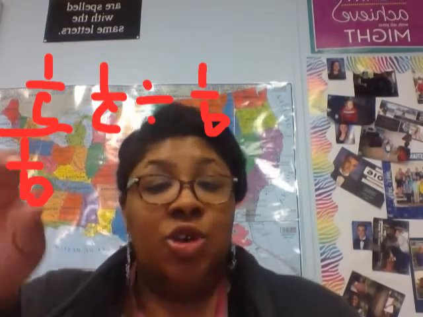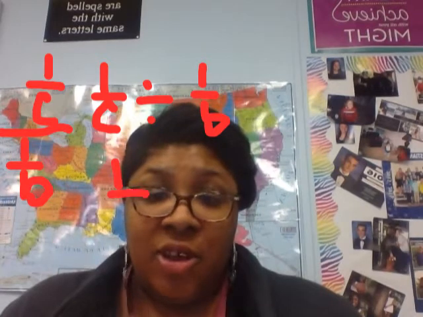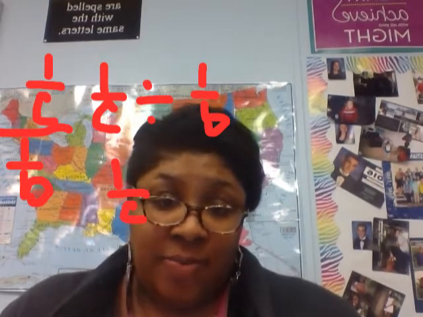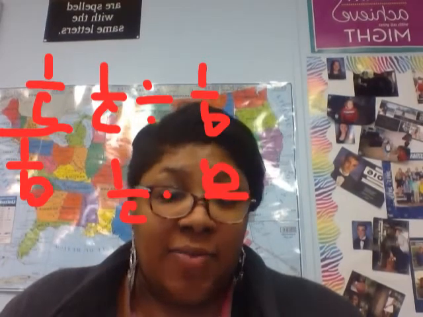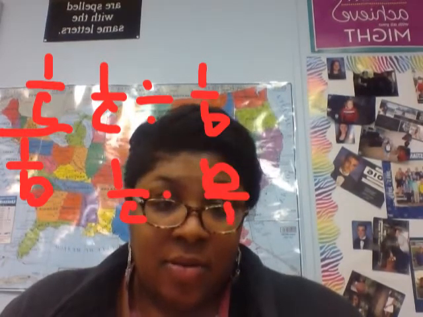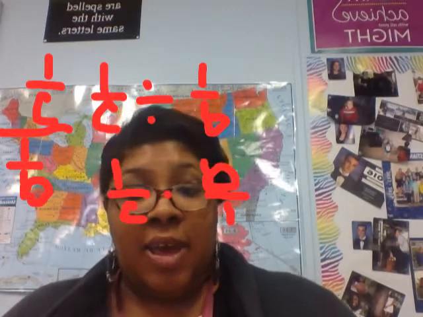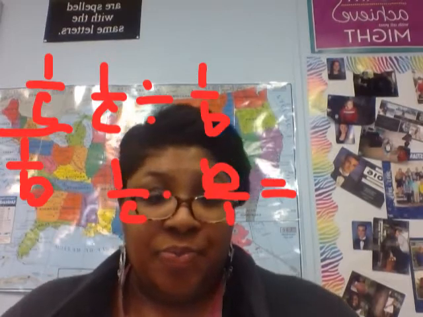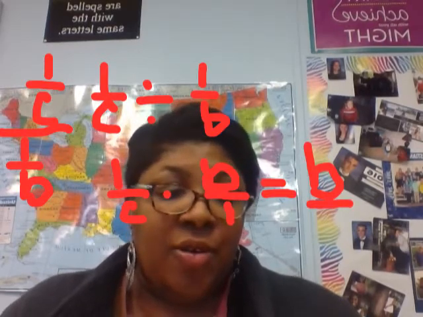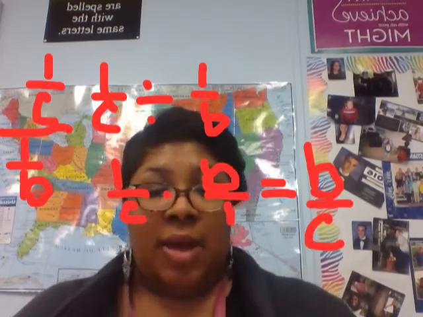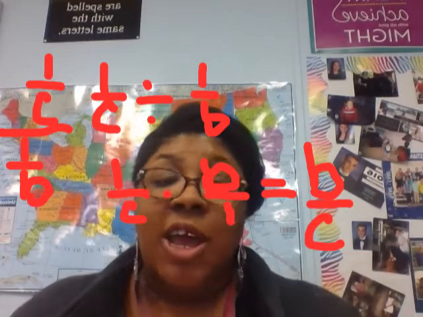So then now you would just change your division to multiplication and get the reciprocal of your second fraction. So this would make it equal to B over C. Okay? Easy. These are easy.